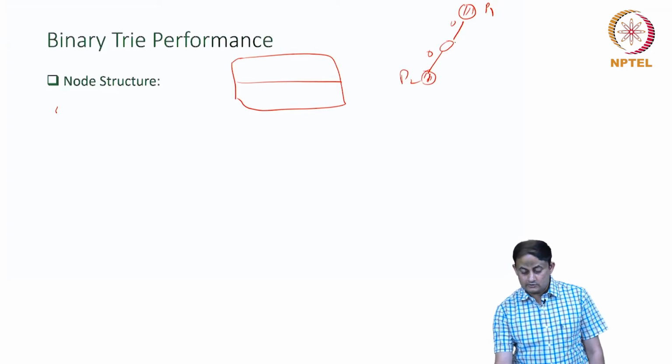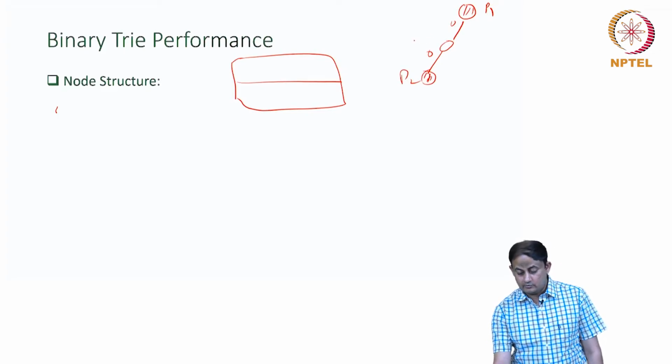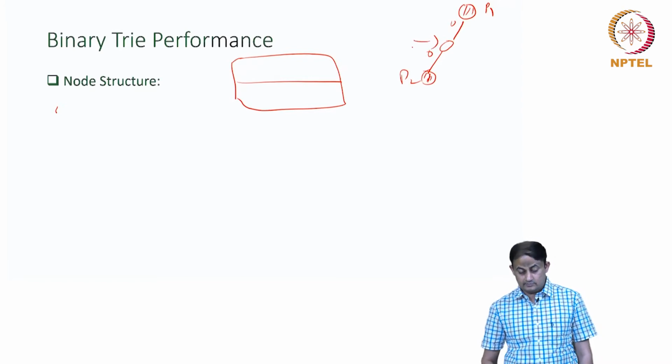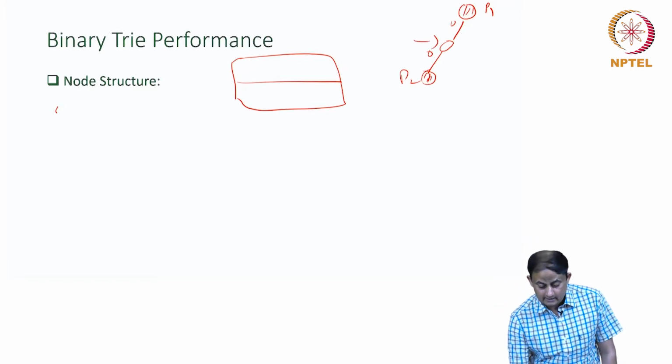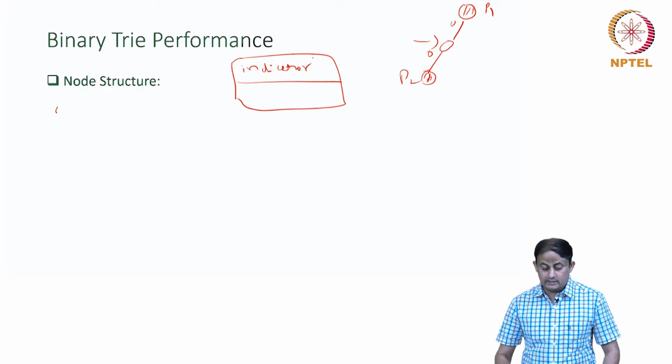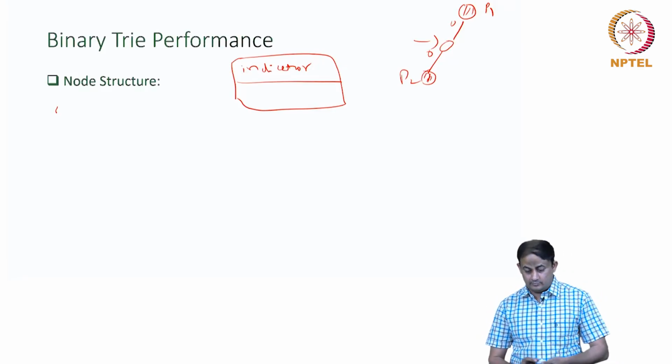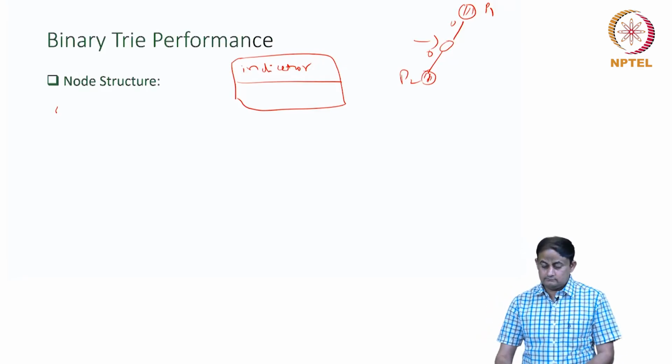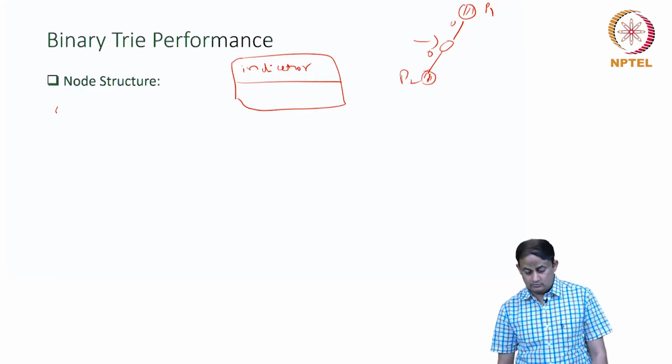But the middle node is not representing any of the prefixes. So I can have an indicator variable to indicate whether this is representing a prefix or not, and then each node can have 2 children.